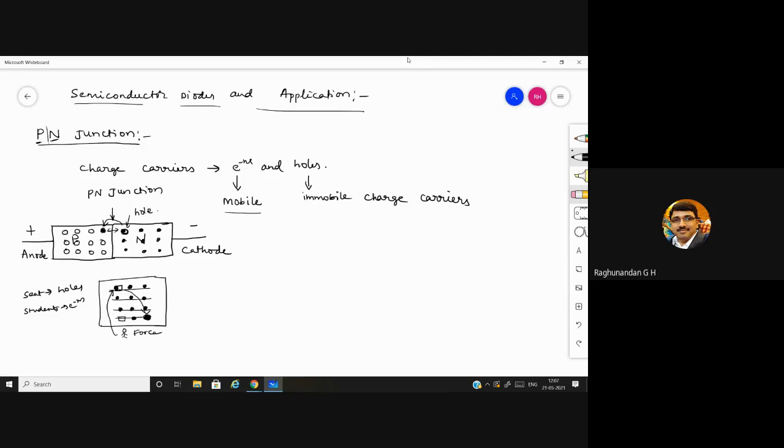Here also, in this diode, I'll be connecting a battery which is going to act as an external force for the movement of these charges. The same way, the faculty is the force who is going to act as a force for the students to change their position.